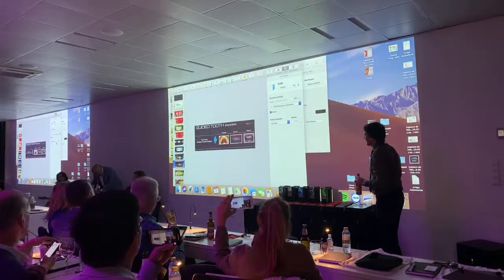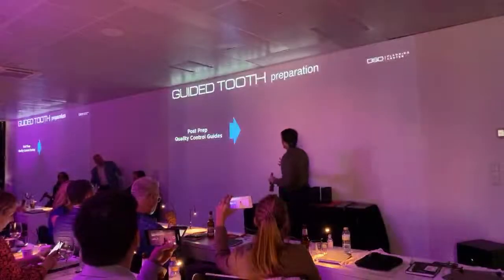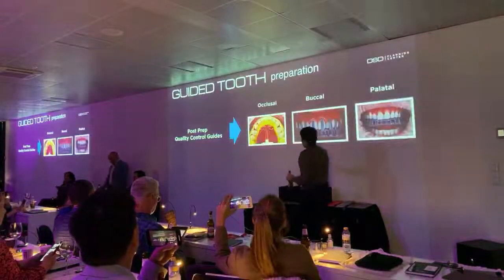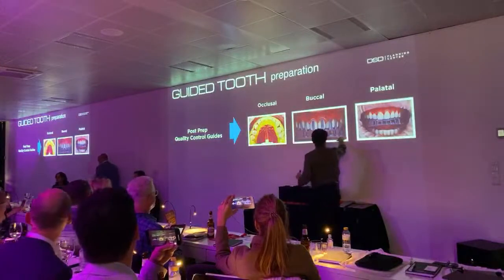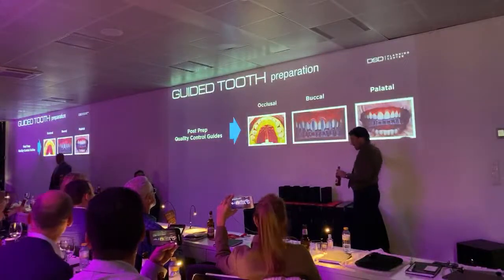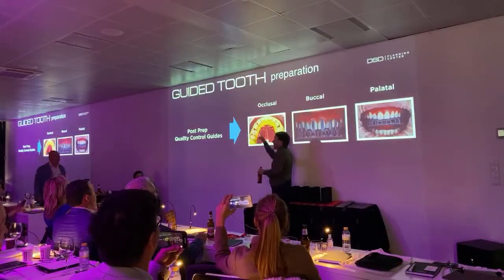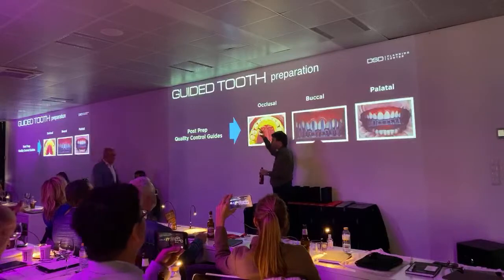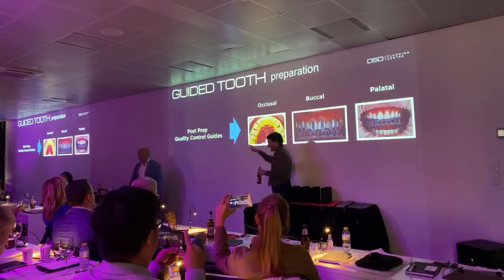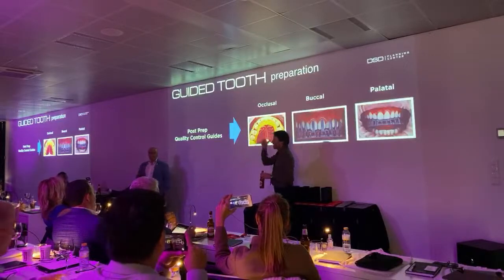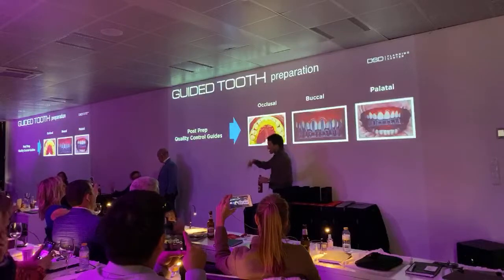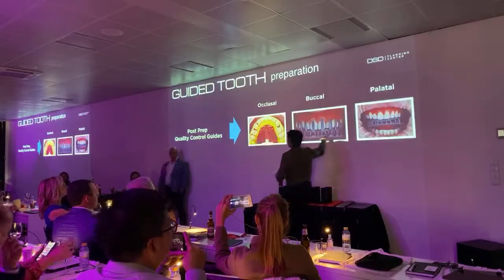Yeah. This one? Yes. So this is occlusal, buccal, incisal. Okay? Now, you need to understand that these three guides are part of the third moment of guided preparation. The reduction guides, the technical mock-up with the grooves, and then we call these quality control guides.